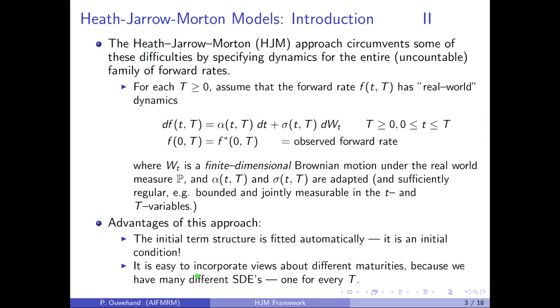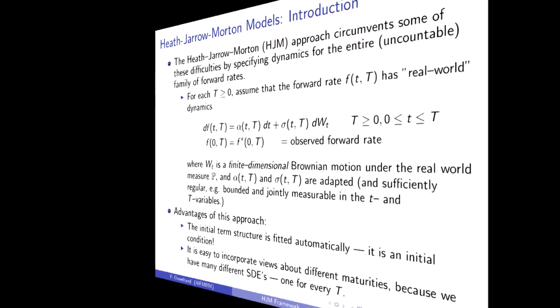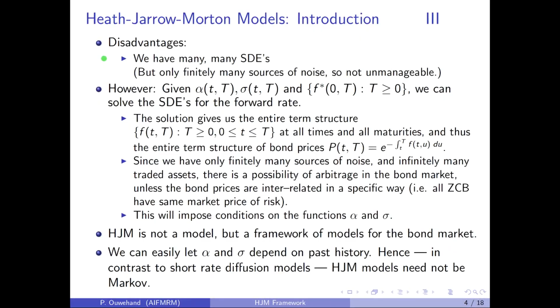Secondly, it is easy to incorporate views about different maturities, because we have many different SDEs, one for every maturity capital T. Of course, there are disadvantages also. The main disadvantage being that we have so many stochastic differential equations.